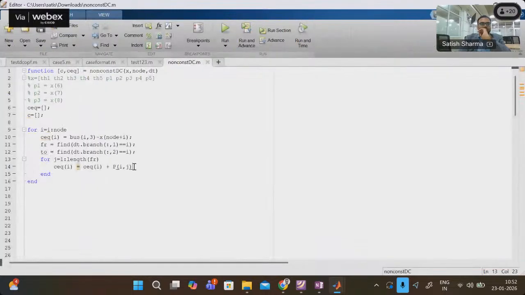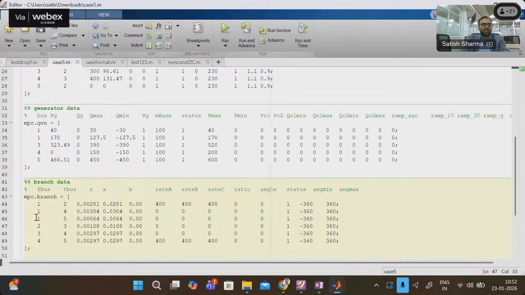Then if I use it, I can easily calculate Pij. Pij was nothing but theta I minus theta j. So theta I is nothing but xi always, minus theta j. So what will be the value of j? We don't know what the branch number is and what is placed in this one. If I'm calculating from bus, I'm identifying the ith bus, whichever is I. For this particular case, I equals 1.